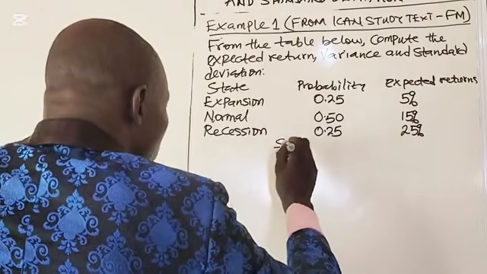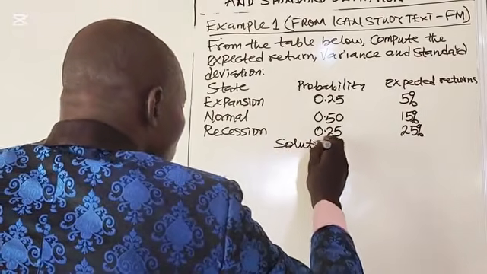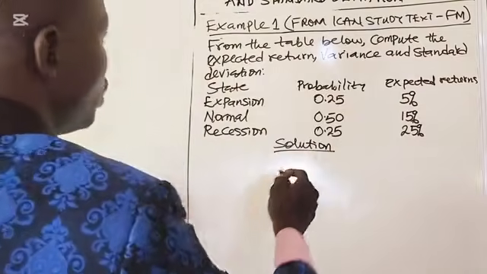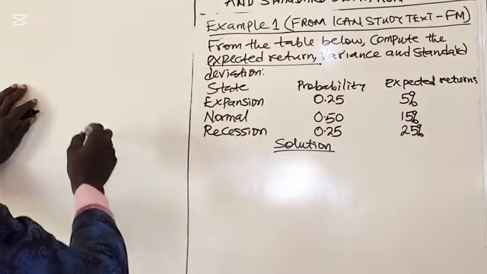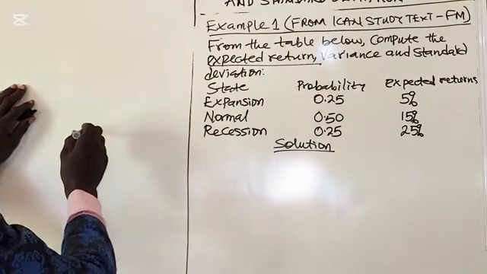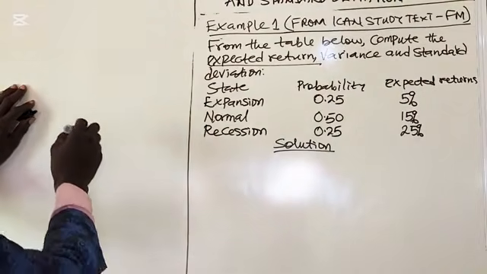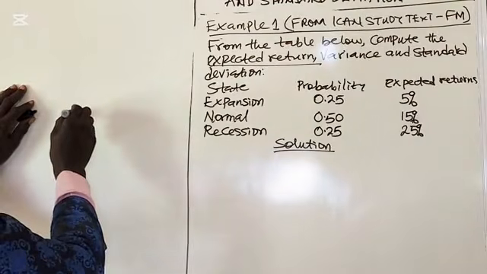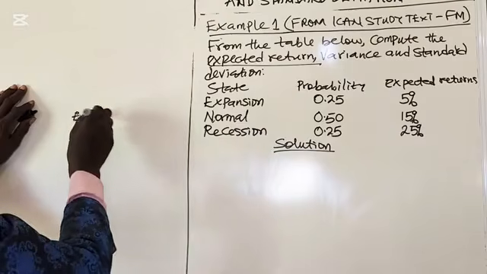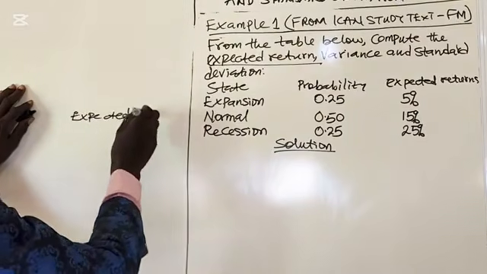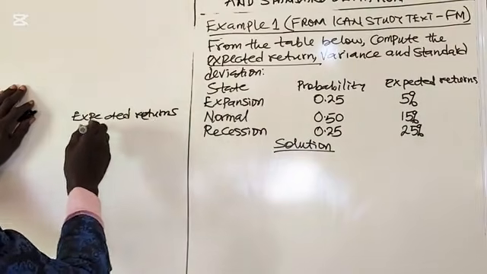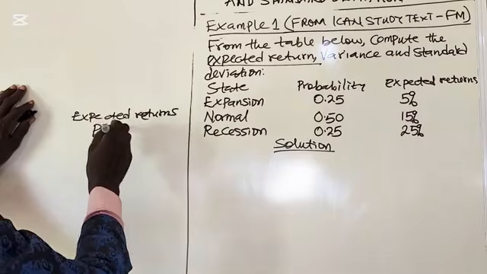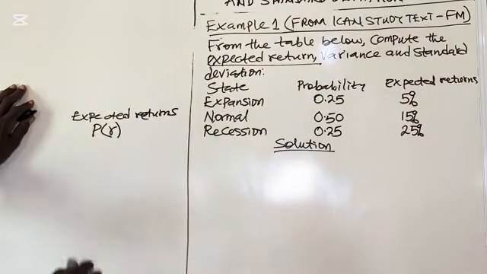Solution. You have to compute the expected returns. I've told you that the expected returns, which is the mean, equals the sum of probability times the returns.